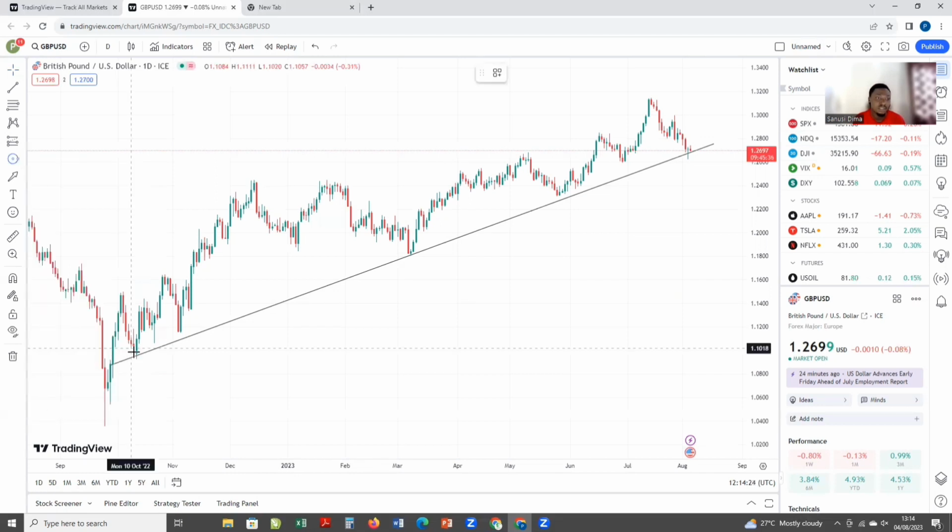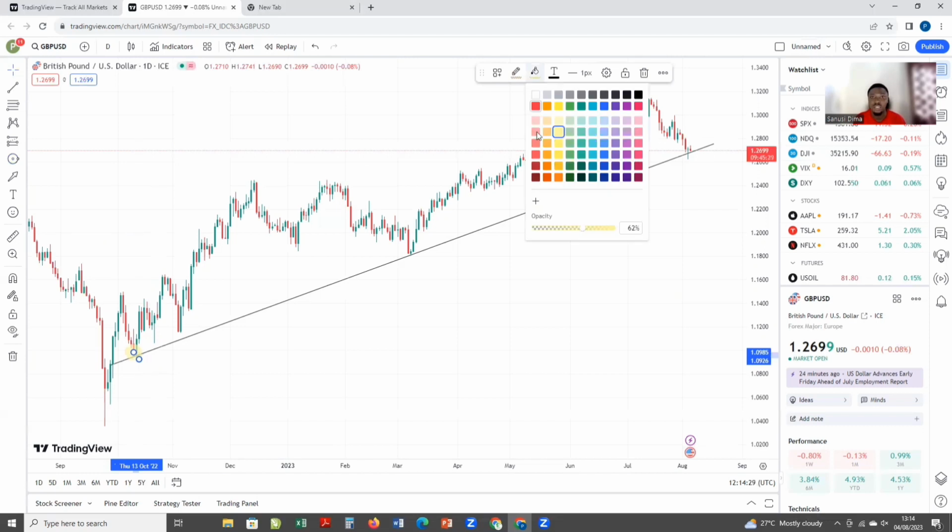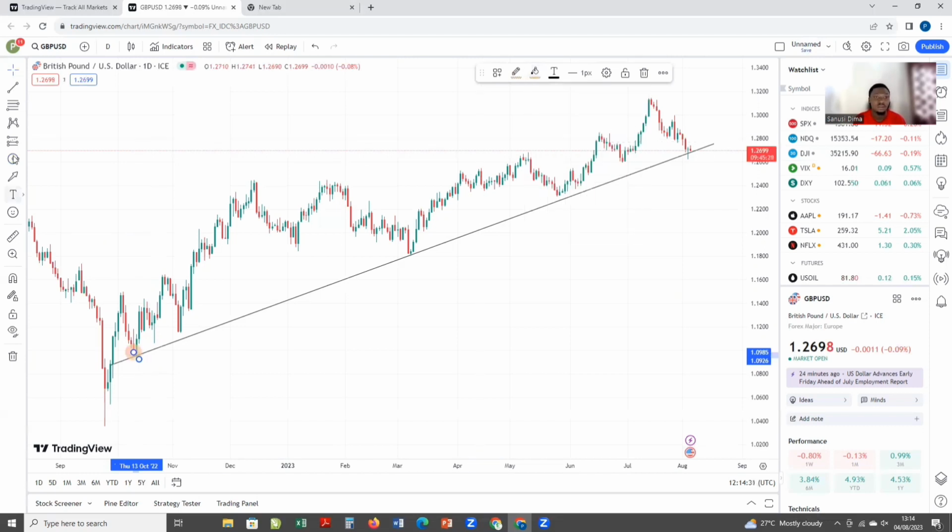I'm going to be noting that with the cycle, and I'll change the color to red. All these points, second point, and then the third point. The market is currently at the third point. Let's see what is going to happen today at the third point.